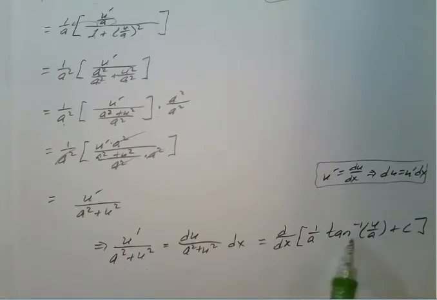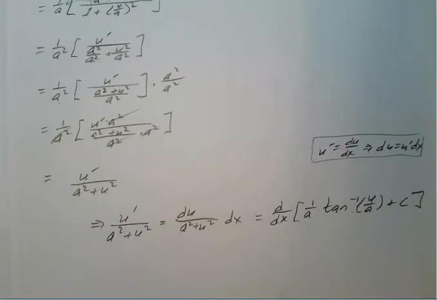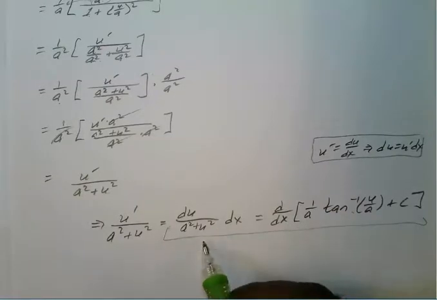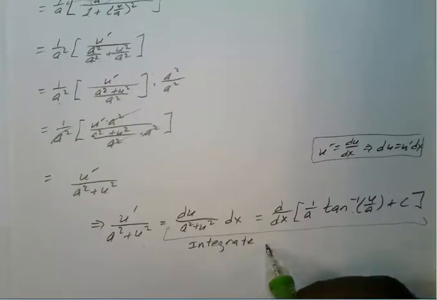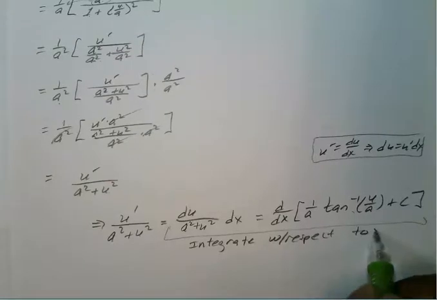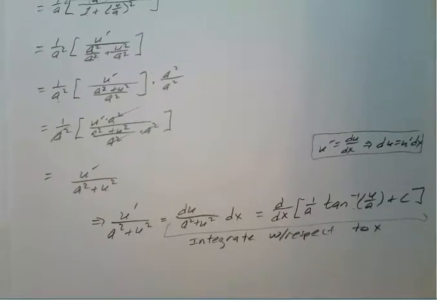Okay, so these two are equal and these two are equal, so all three of them are equal. Okay, now what if we integrate these two with respect to x?